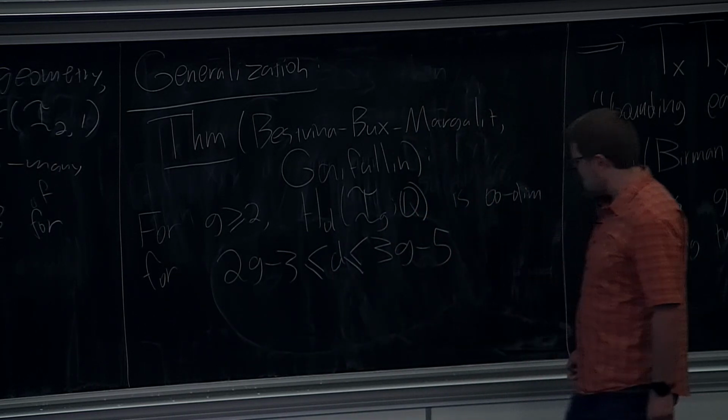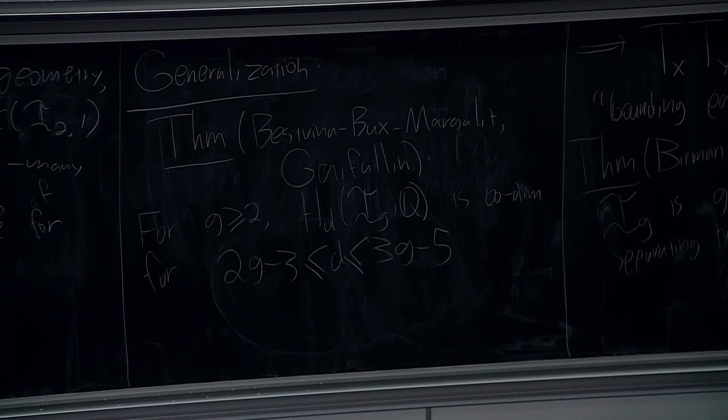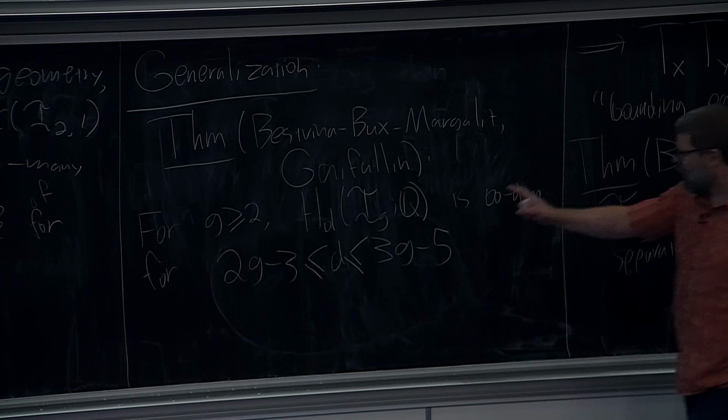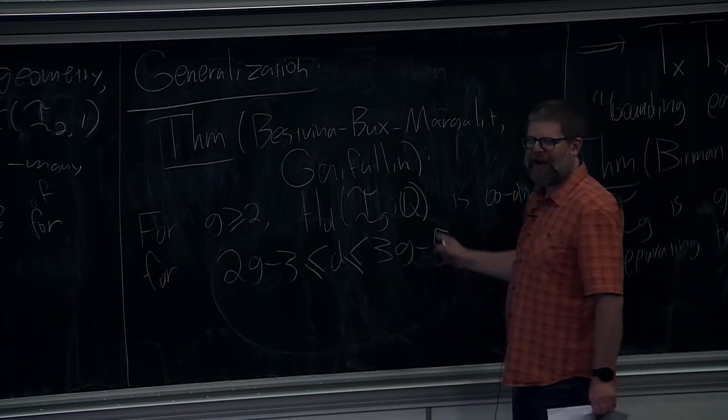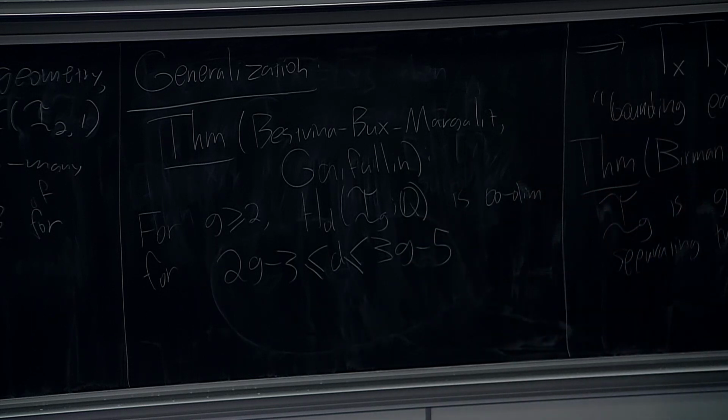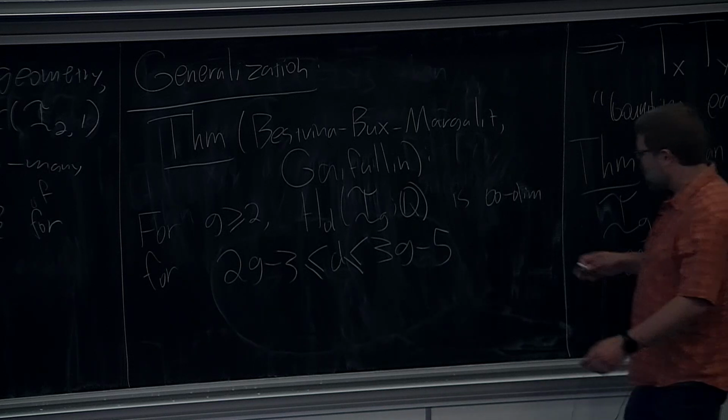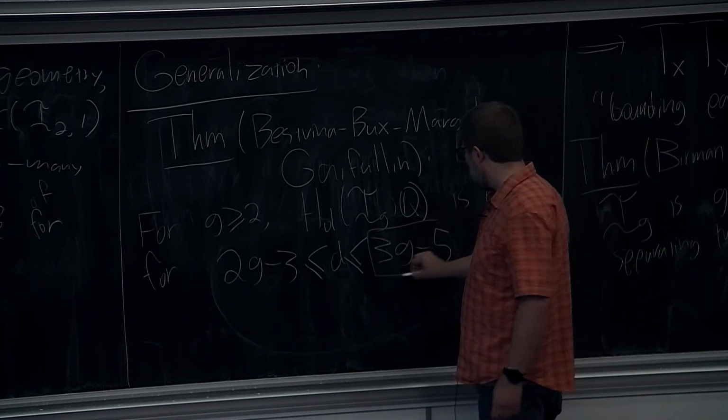You notice that if you plug in genus 2, this reduces to saying H1 is infinite dimensional, since 4 minus 3 is 1 and 6 minus 5 is 1. So this generalizes that lack of finiteness to higher homology groups. And by the way, what's the significance of this 3g minus 5?